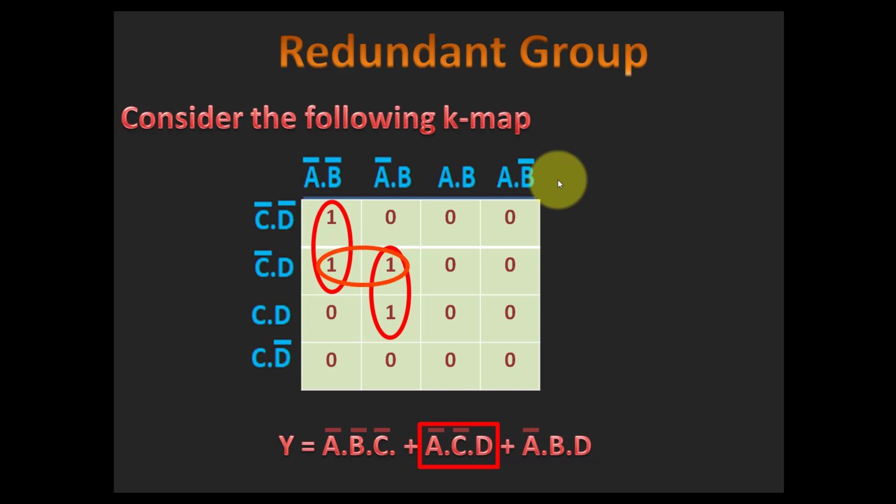Those two ones are completely covered in the other pairs. So this pair is called a redundant pair, or a redundant group. While writing the equation of the K map, we eliminate this. We don't need to write this, we just write the equation for the two pairs, so the equation reduces.